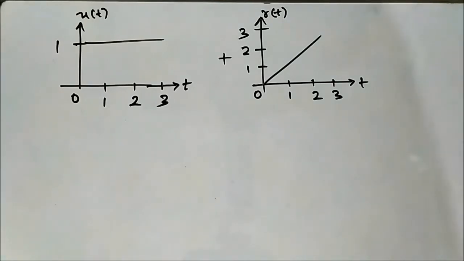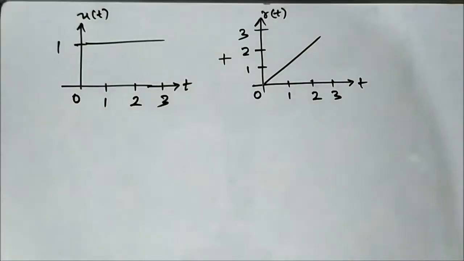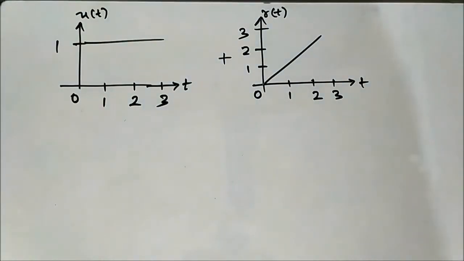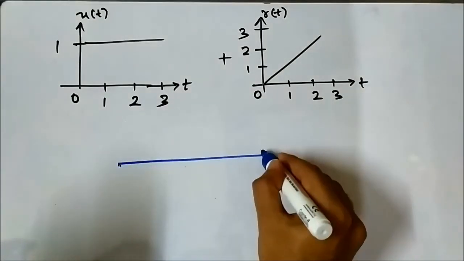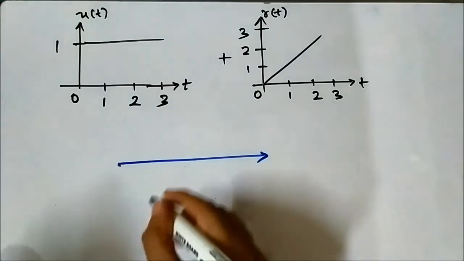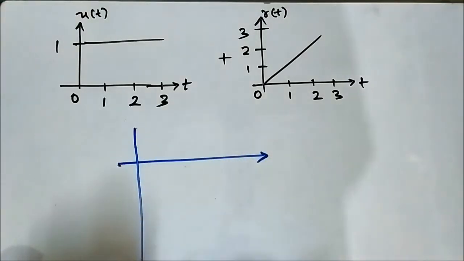So previously we performed the signal operation RT minus UT. Okay, we subtracted the unit step signal from the ramp signal. So now we'll do the opposite. We will perform the signal operation UT minus RT.